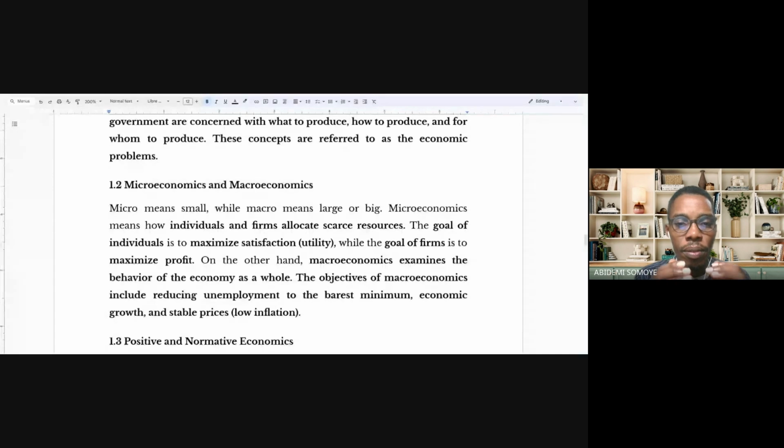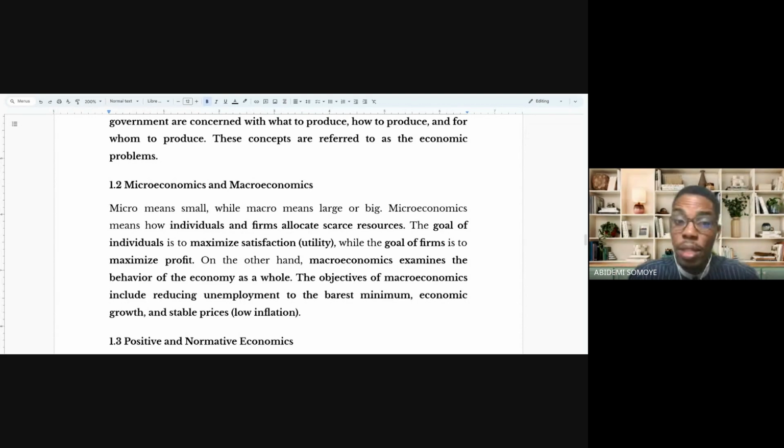Those are the three key objectives of macroeconomics. So microeconomics takes a look at how individuals and firms allocate their scarce resources, and macroeconomics takes a look at the society as a whole. In fact, it also takes a look at how the government allocates its resources in meeting its societal needs.